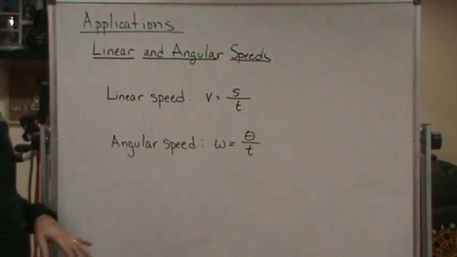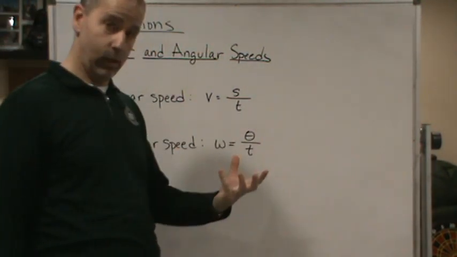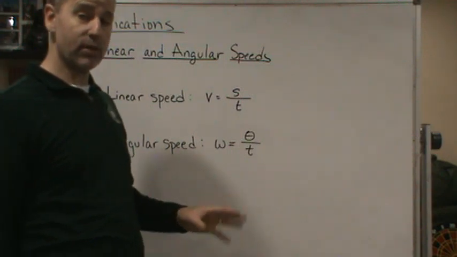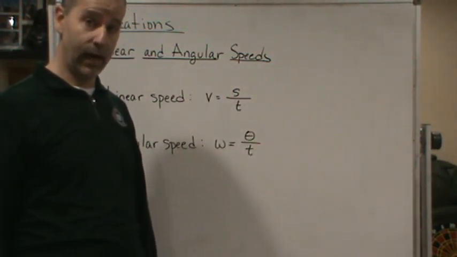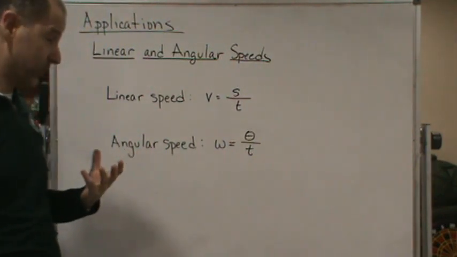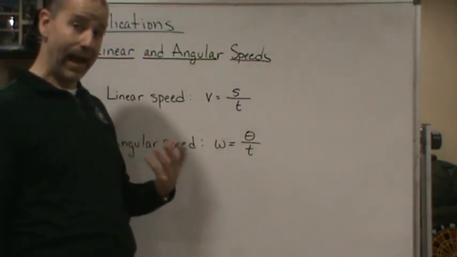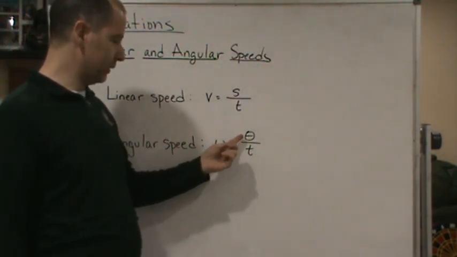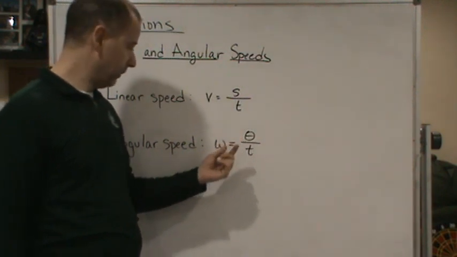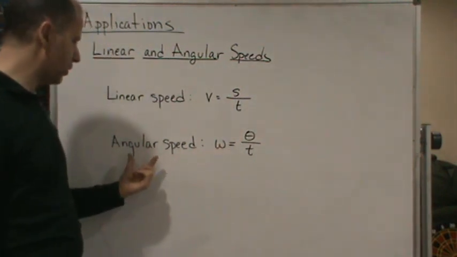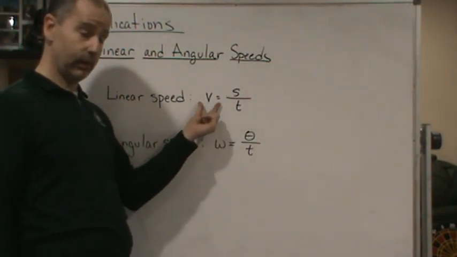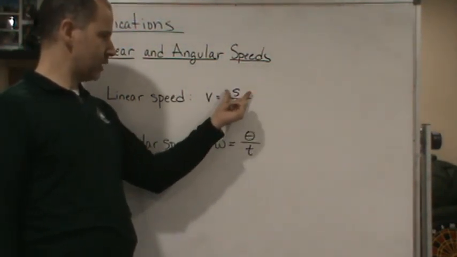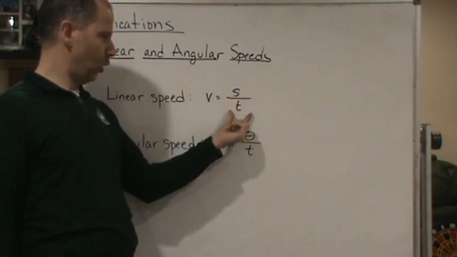Angular speed, think about the angle. Angular speed measures how fast the angle is changing per unit of time. In this case, since we're dealing with a circular path, we're going to deal with the central angle. For linear speed, we denote it with V, arc length over time.